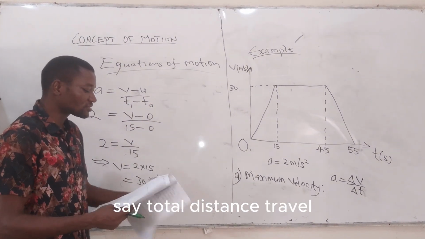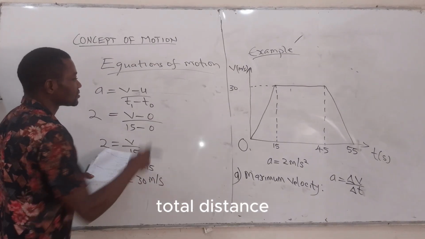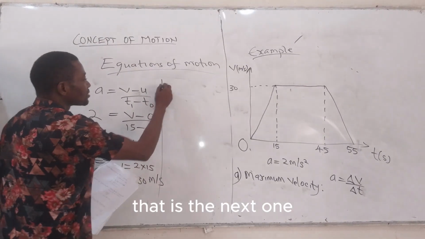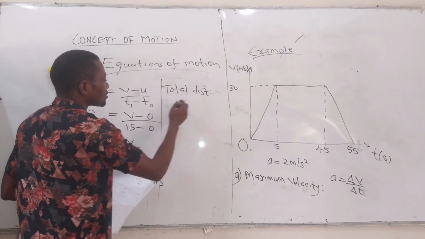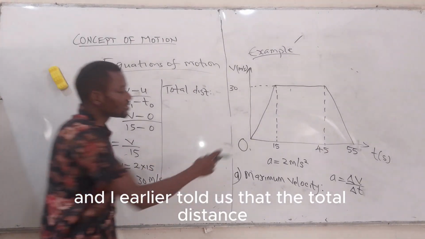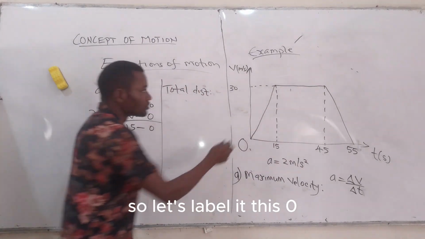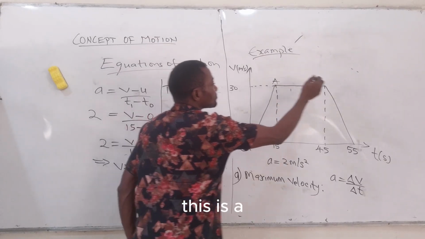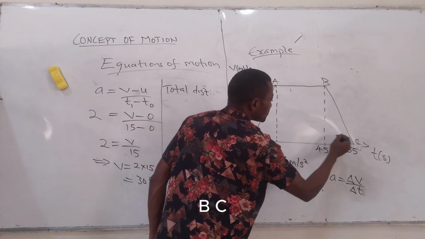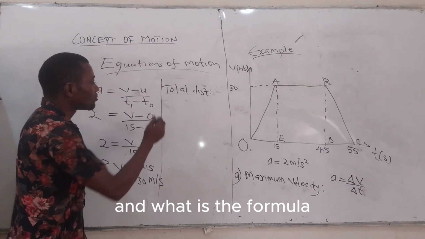Okay, the second one says total distance traveled. Total distance, that is the next one. I earlier told us that the total distance traveled is equal to the area of a trapezium. So let's label it: O, A, B, C, D, and E. So this is the labeling. And what is the formula?